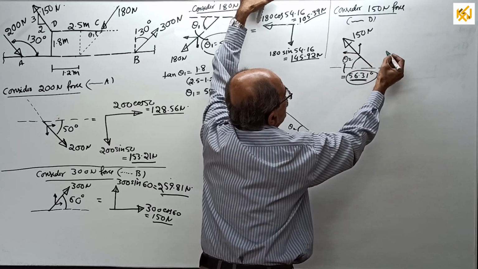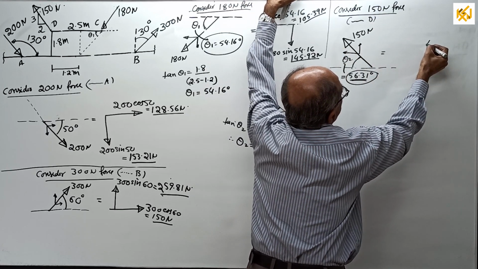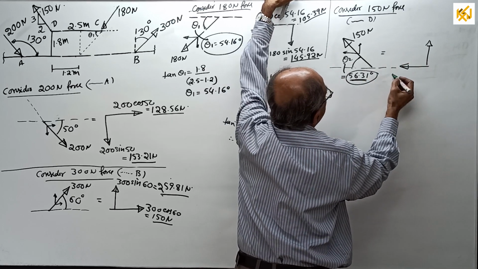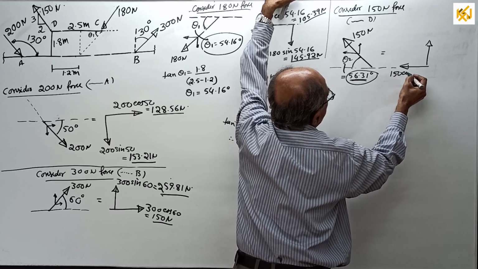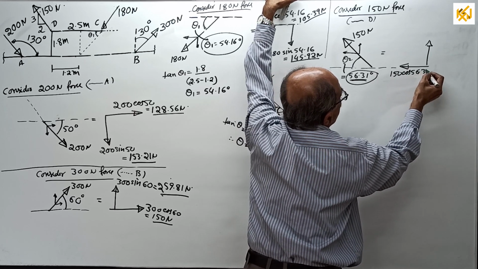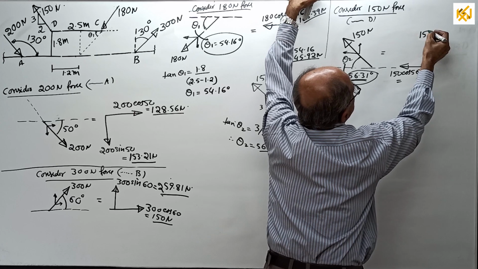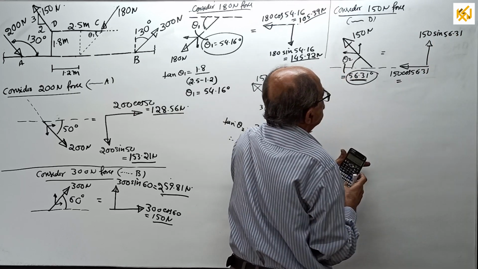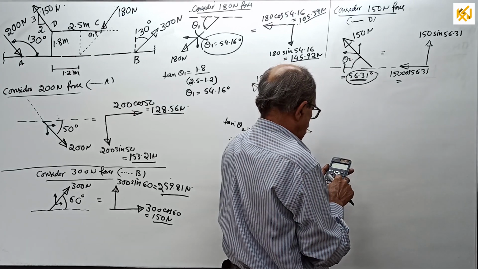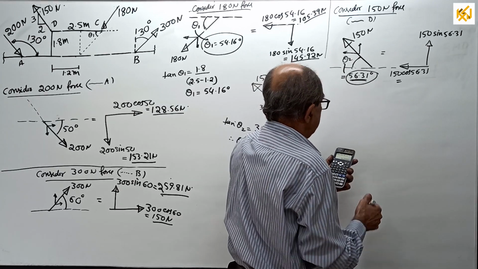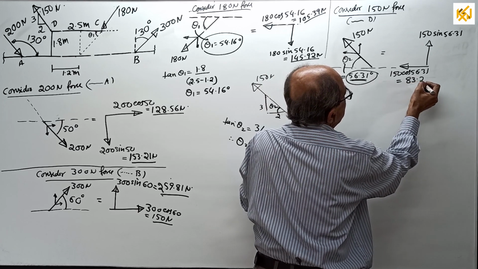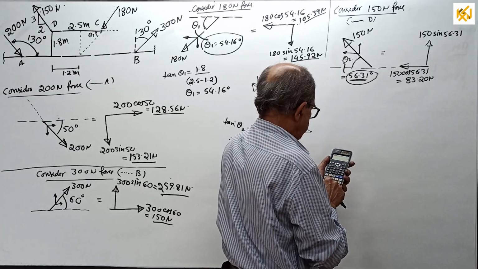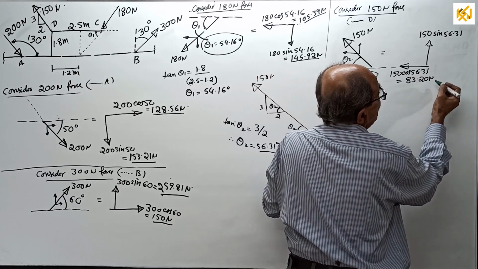The horizontal x component is 150 cos 56.31, which comes to 83.20 Newton. The vertical component is 150 sine 56.31, which comes to 124.80 Newton.